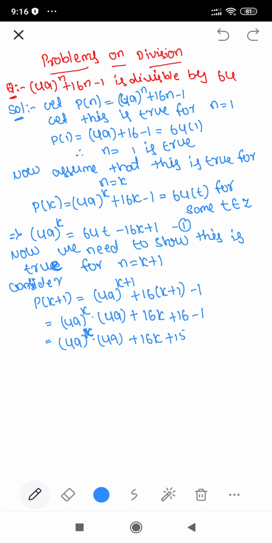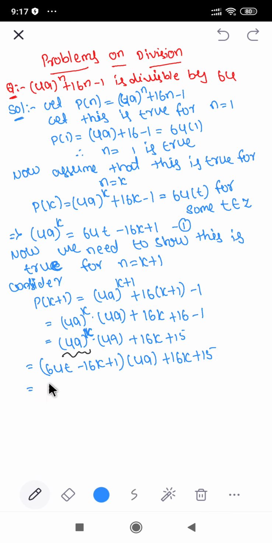By equation number 1, 49 power k, we are expanding that value here. What is that value from equation 1? 64t minus 16k plus 1, into 49, plus 16k plus 15.